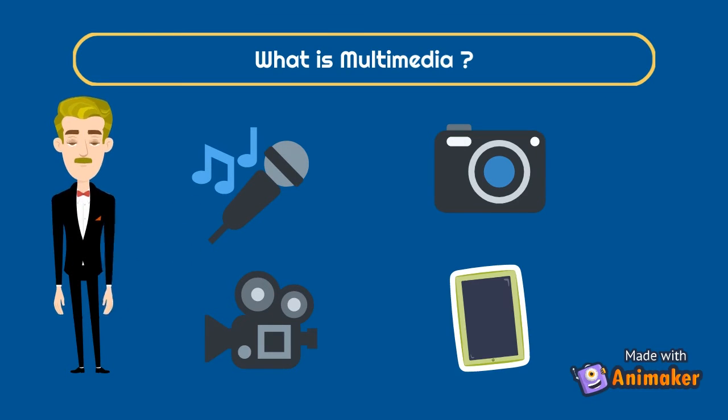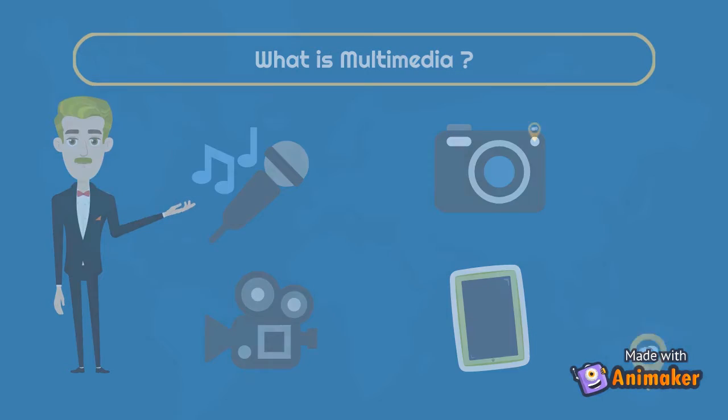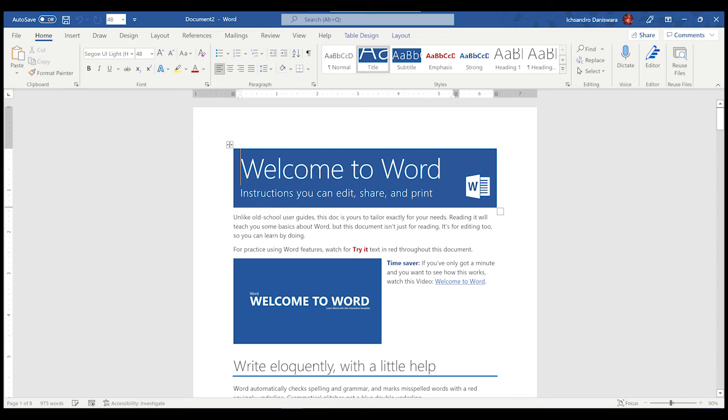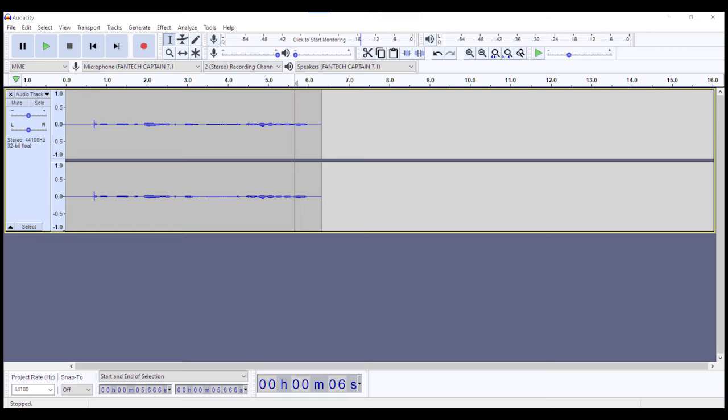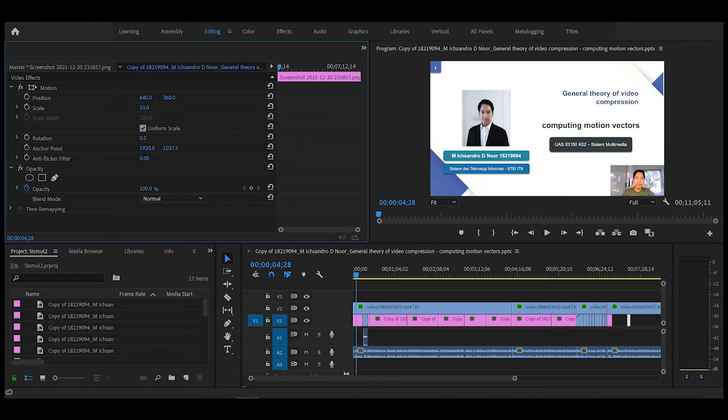Examples of multimedia hardware are microphone, camera, camcorder, pen tablet, and VR controller. Examples of multimedia software are text processing such as Microsoft Word, image processing such as Adobe Photoshop, audio processing such as Audacity, and video processing such as Adobe Premiere Pro.